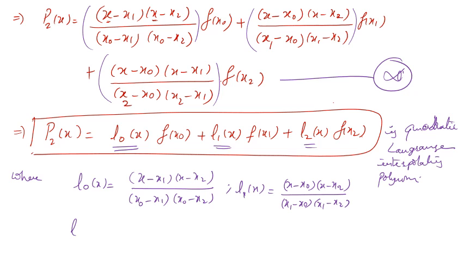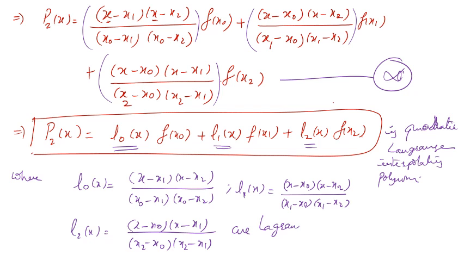Similarly, third one, L2 of x means delete the difference x minus x2 and write the remaining differences and replace x by x2. This is x2 minus x1. These are our Lagrange's fundamental polynomials, right?